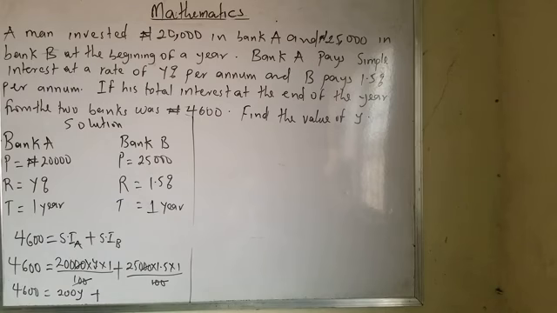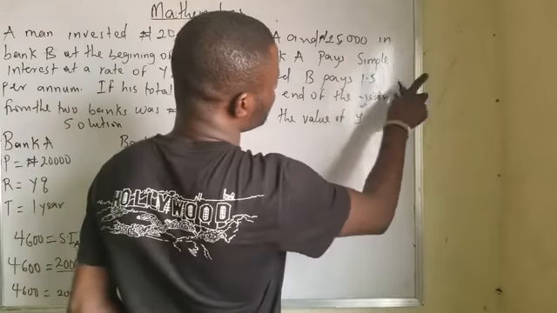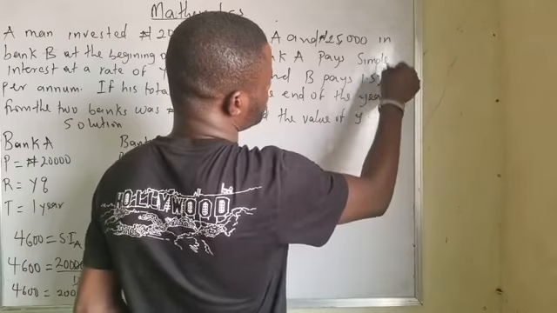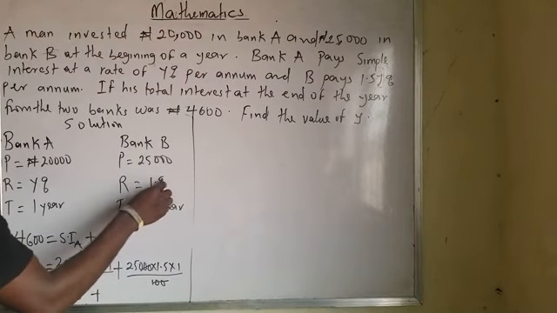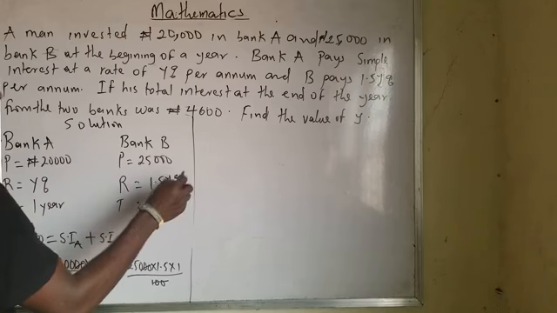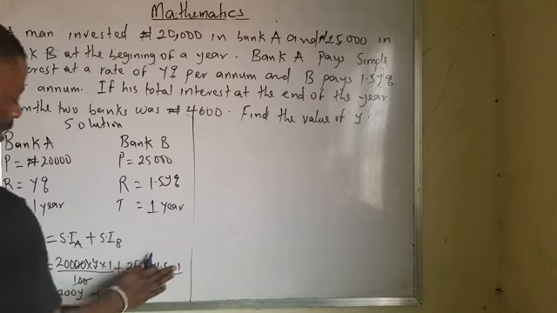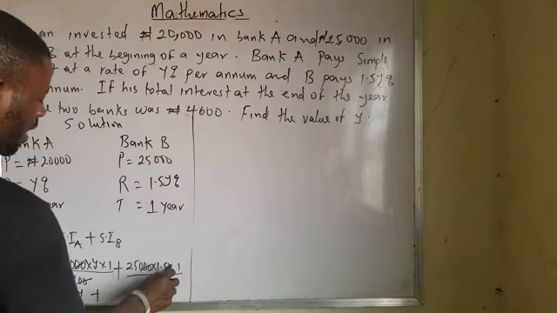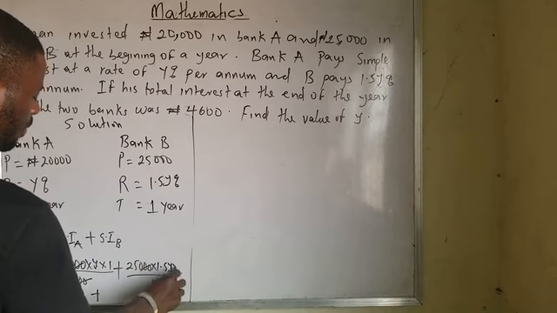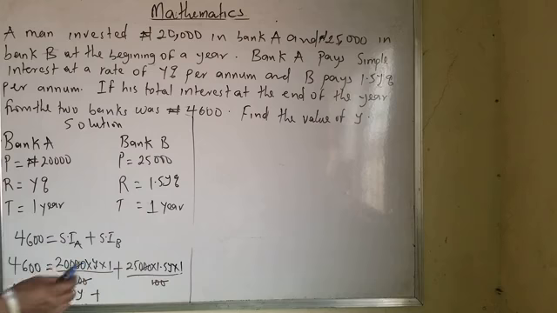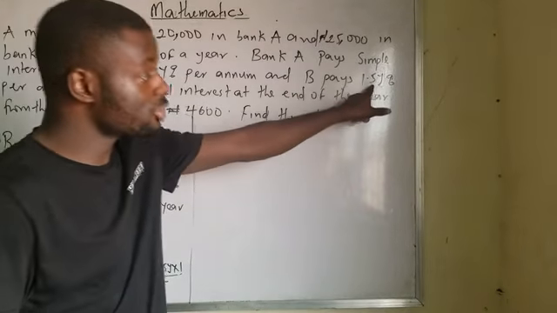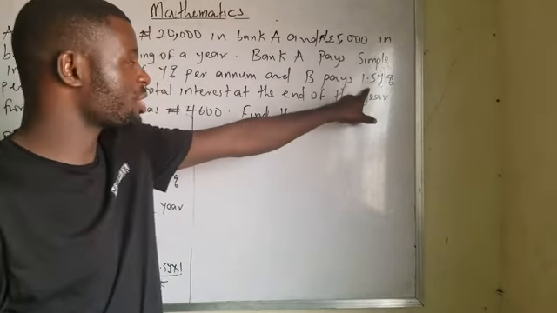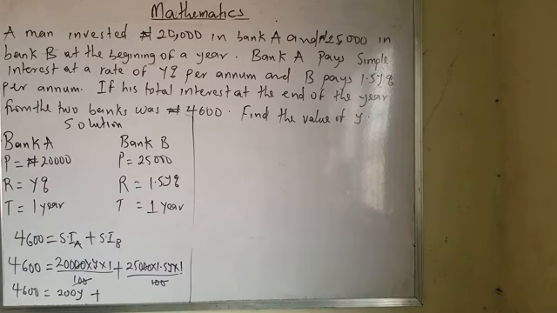I didn't even have a complete question from the source. They said this is y percent. Sorry. If that is the case, I will have y in percent also. It means here will be 1.5y multiplied by 1. Take note of that. Sorry about that. The question from the source is 1.5y.